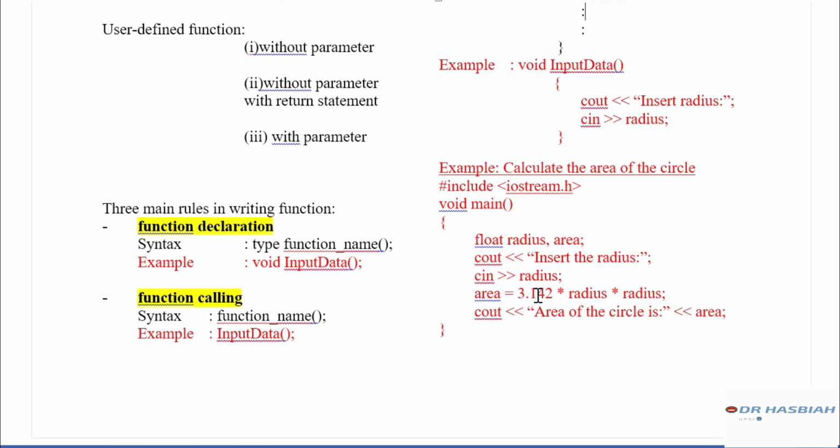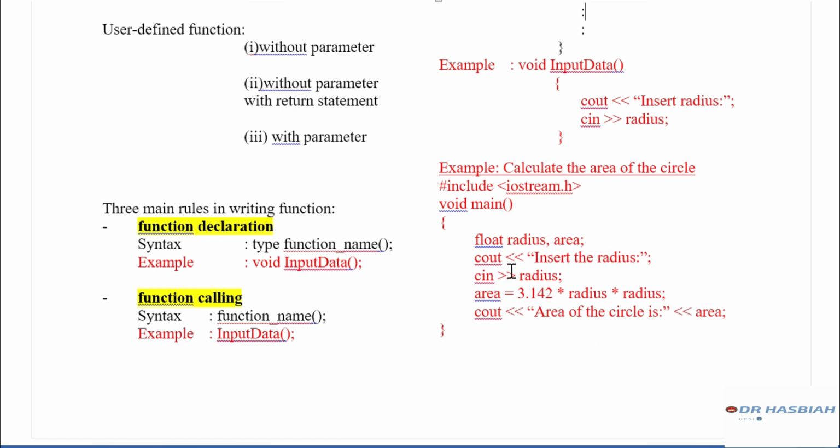The second task is the process: calculate the area of the circle, 3.142 times radius. And the third task is to cout the area of the circle. So we have input, process, and then output.